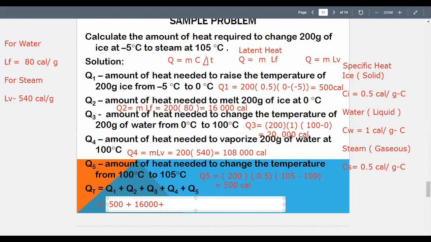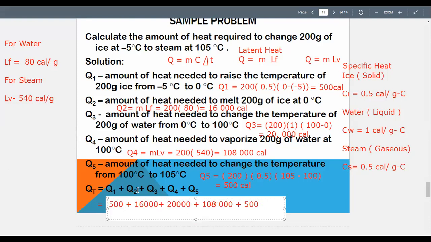Q sub 3, which is 20,000. Our Q sub 4, which is 108,000. And Q sub 5, which is not much, just 500.